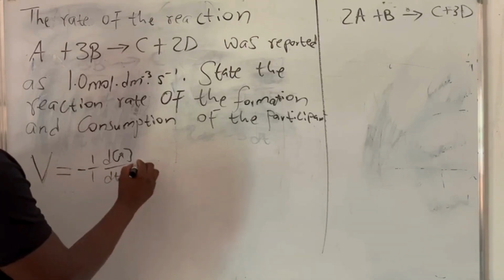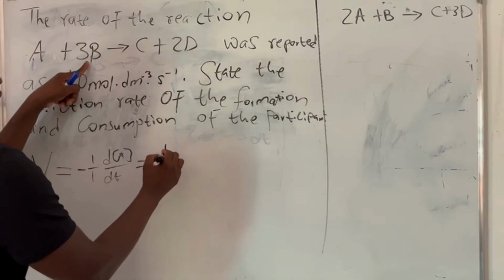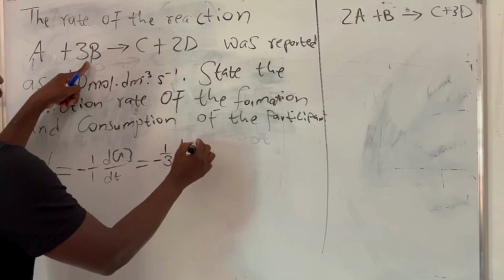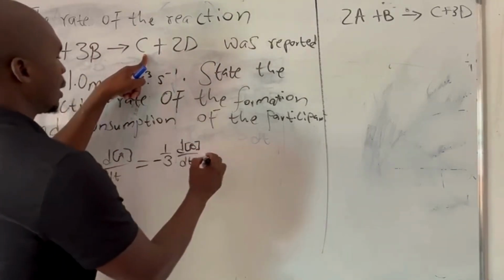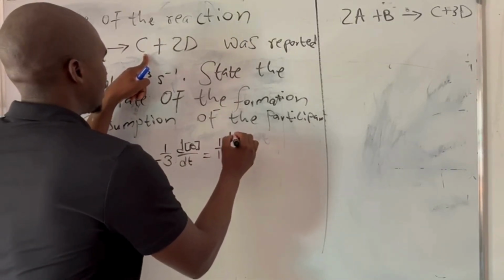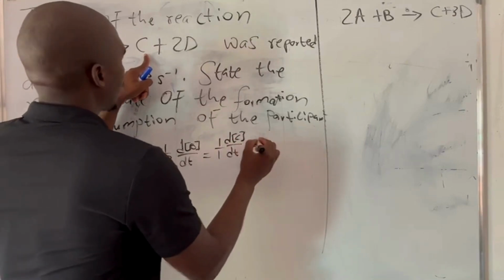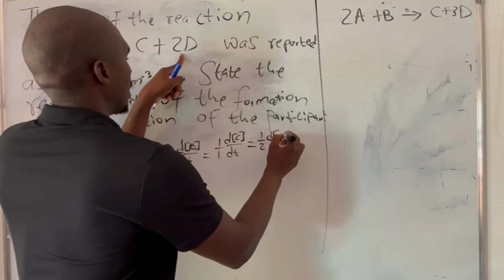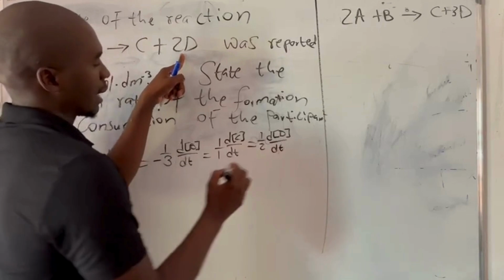Then this should also be equal to negative 1/3 dB over dt. What about this one? It's still 1/1 dC over dt, which is also equal to 1/2 dD over dt, like that.